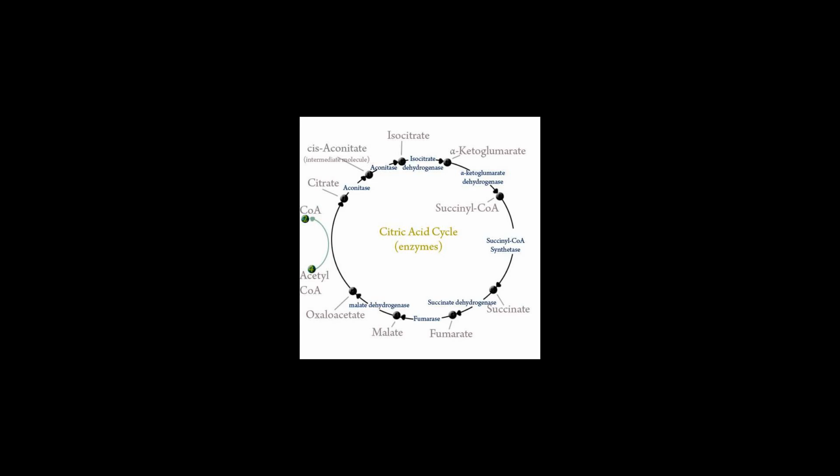Pyruvate molecules produced by glycolysis are actively transported across the inner mitochondrial membrane and into the matrix. Here they can be oxidized and combined with coenzyme A to form CO2, acetyl-CoA, and NADH, as in the normal cycle.